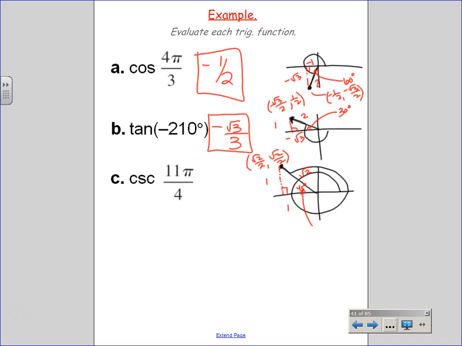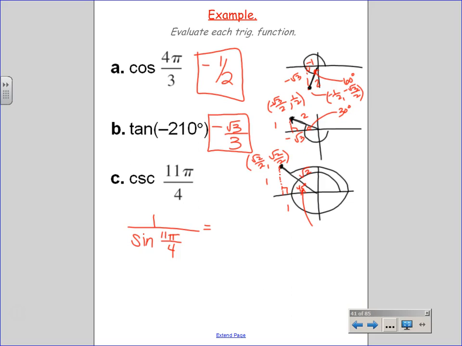And cosecant of 11 pi over 4, for some of you, it's probably best to think of 1 over sine of 11 pi over 4. If you figure out that's the second quadrant by turning properly, the triangle, hypotenuse over opposite would get you there.